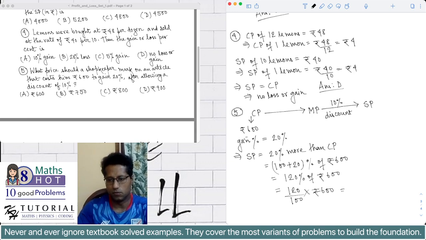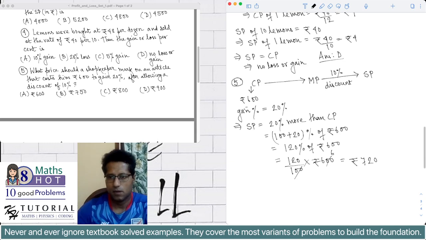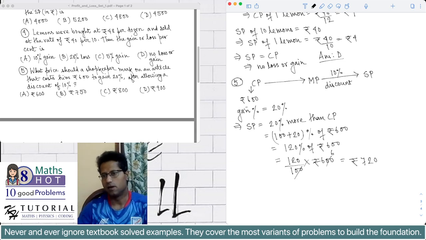Cancel 600 with 6, and we get 720. So the selling price is found to be rupees 720.